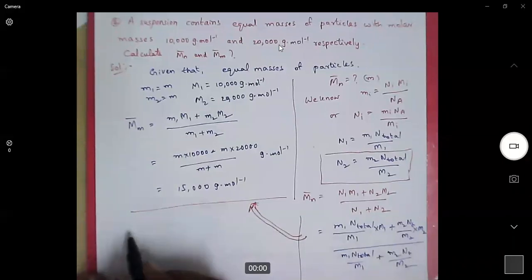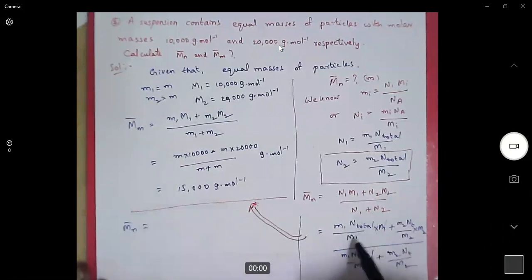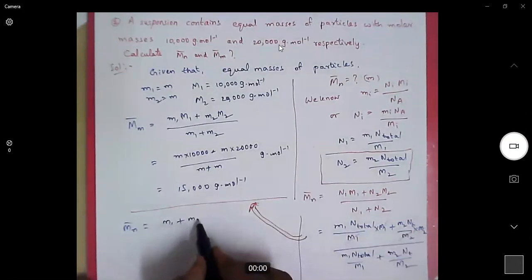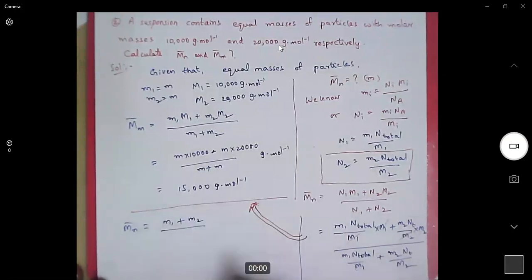We can solve this. In Mn bar, M1 will get cancelled and M2 will get cancelled. N total is common in the numerator and the denominator, so everything will get cancelled. What is left is, in the numerator, M1 plus M2, and in the denominator, small m1 by capital M1 plus small m2 by capital M2.